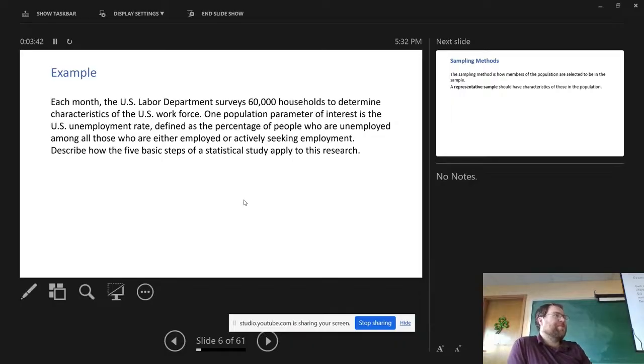So what would the goal of that be? Or what are they trying to find information about?